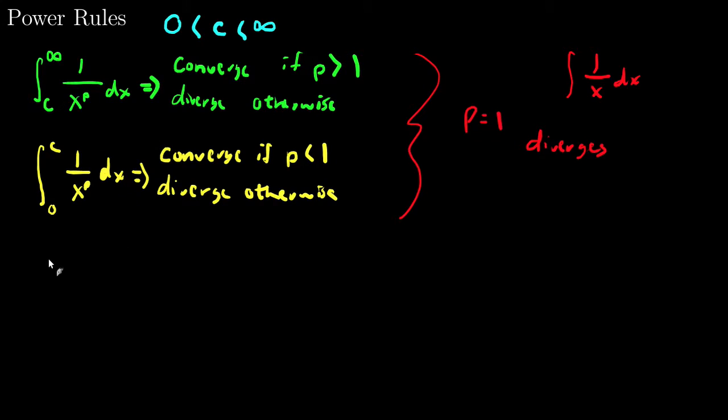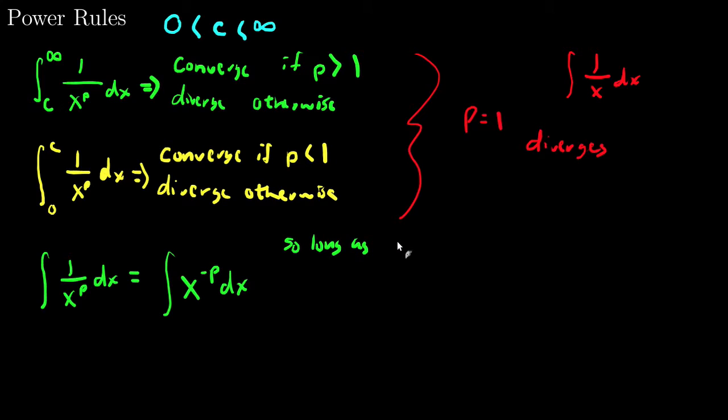On a more detailed level, just recall that the antiderivative of 1 over x to the p dx is the integral of x to the negative p dx, and so long as p does not equal 1, because if p equaled 1 we get natural log, this is going to equal, we add 1 to this exponent, so x to the negative p plus 1, divided by that exponent.